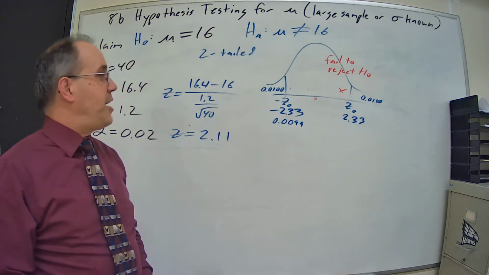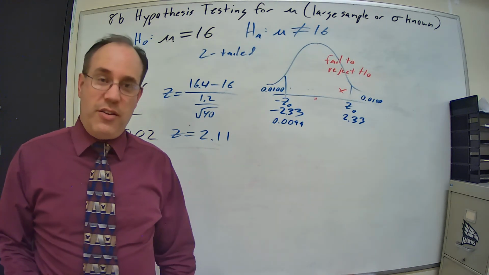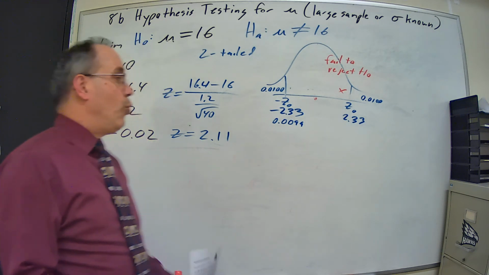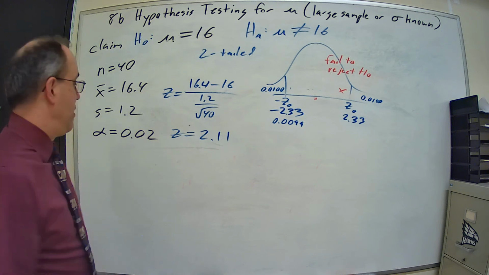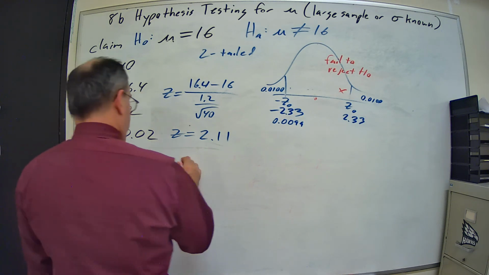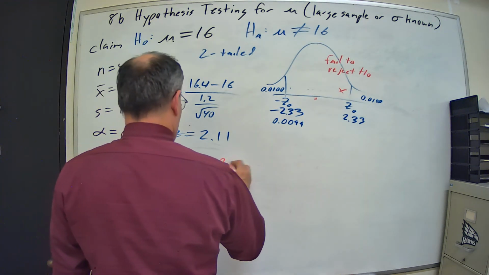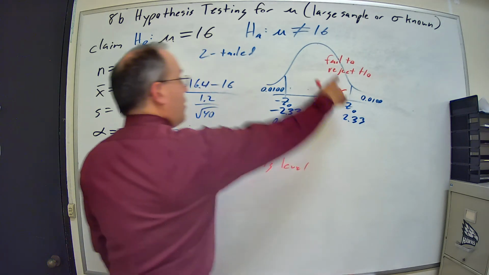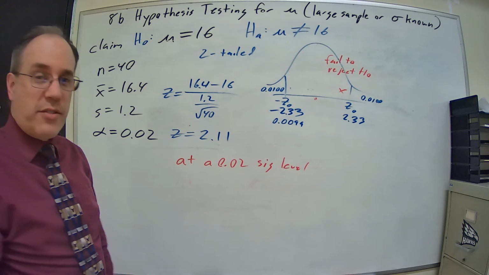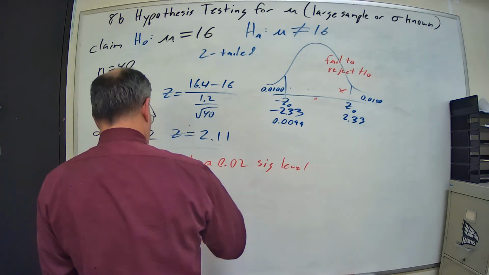Which means we're now ready to make our statement about the claim. Start with the significance level. At a 0.02 significance level, we failed to reject the null hypothesis, so there is not sufficient evidence.